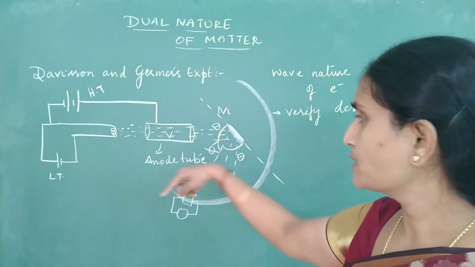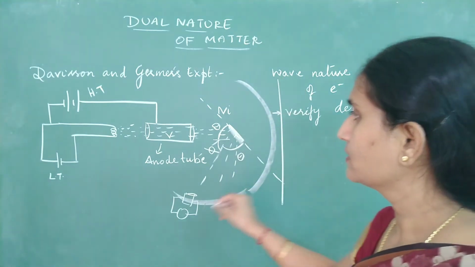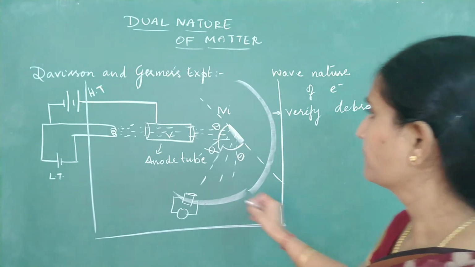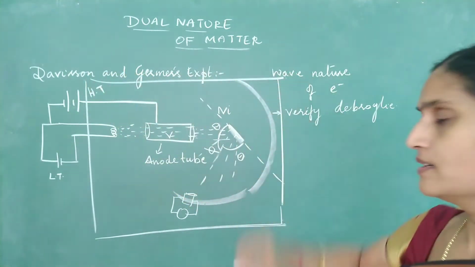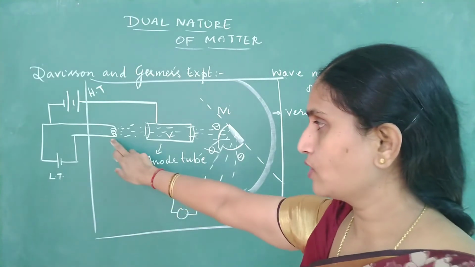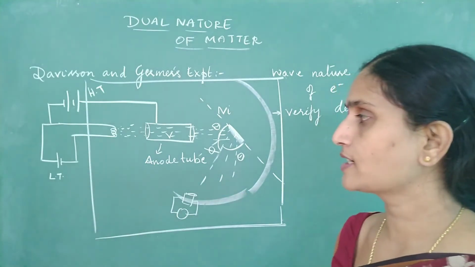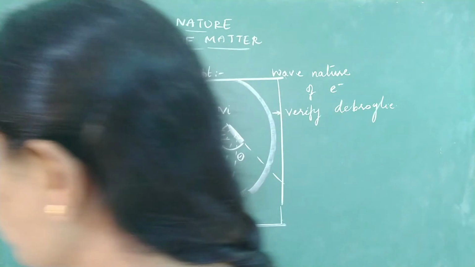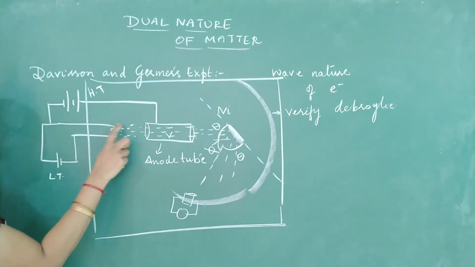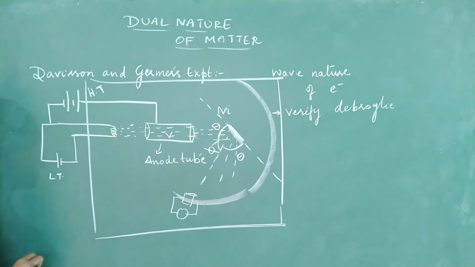This is the experimental arrangement, and of course the whole apparatus is enclosed in an evacuated chamber. I repeat the experimental arrangement. We have an electron gun, which is connected to a low tension battery. Since it's connected to a low tension battery, the filament gets heated and emits electrons by thermionic emission.